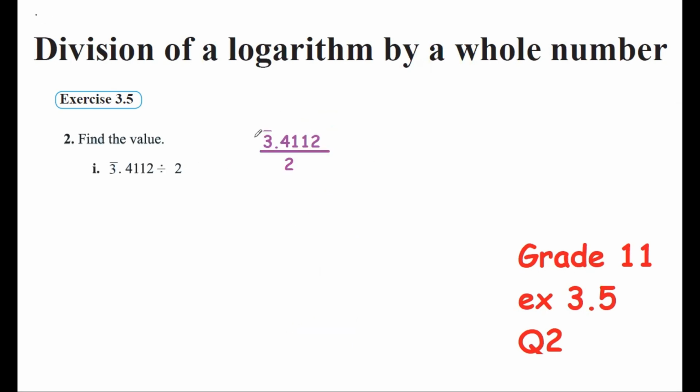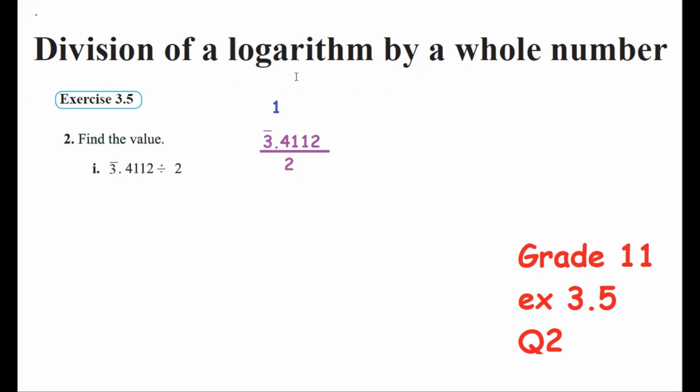Let's go to part I. That gives bar 3.4112 divided by 2. Even in this one, when you are checking the division, you can see the bar 3 is not a multiple of 2. So we have to follow the previous method.